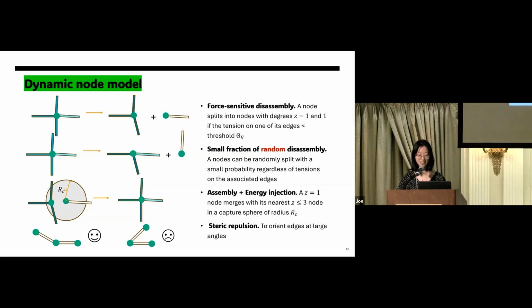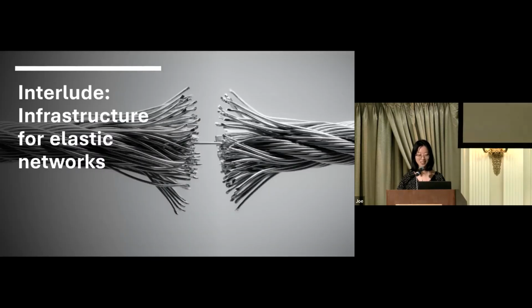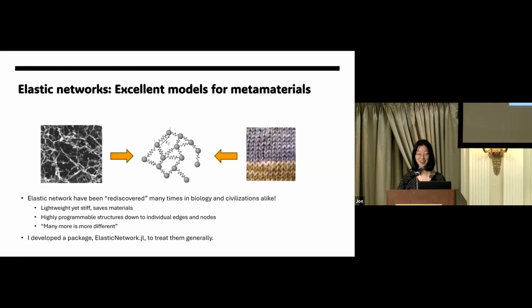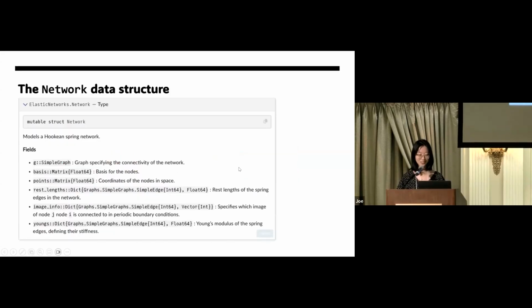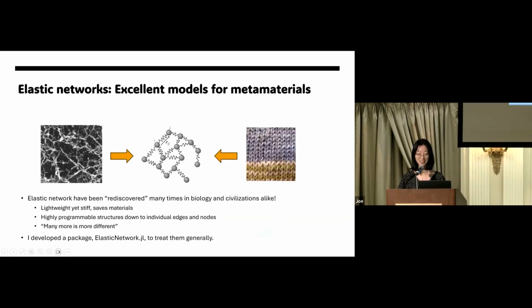I wanted to add a little technical interlude about our infrastructure for elastic networks, because these are highly ubiquitous things in biology and civilizations alike. You can model the actin cortex as an elastic network, but also a knitted fabric. Because of that, I developed a package that can treat them more generally.